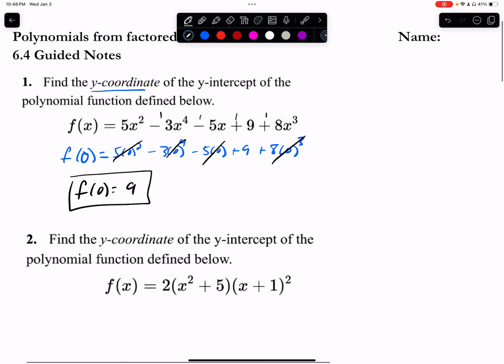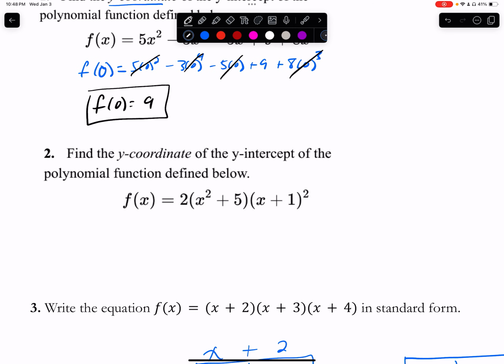So now, if you have two binomials that you're multiplying, this is where you want to carefully substitute in. So I've got 2 times 0 squared plus 5, and then 0 plus 1 quantity squared.